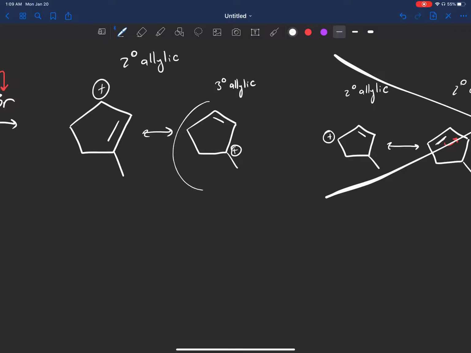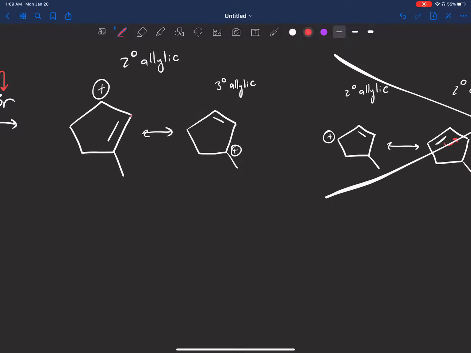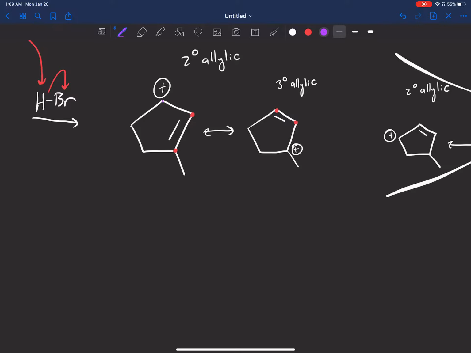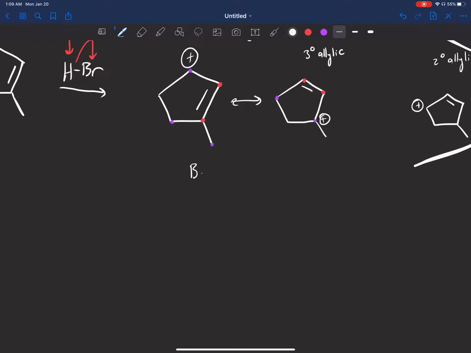So you look at this guy and this guy. Where's the double bond more substituted? Looking at these two carbons and these two. For the one on the left, it's bound to 1, 2, 3 total carbons, and on the right, it's bound to 1, 2. So the one on the left has the more stable, sorry, more stable double bond.